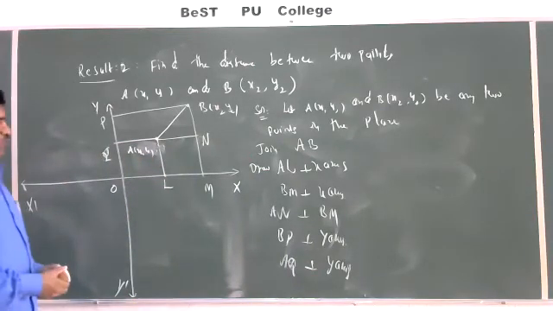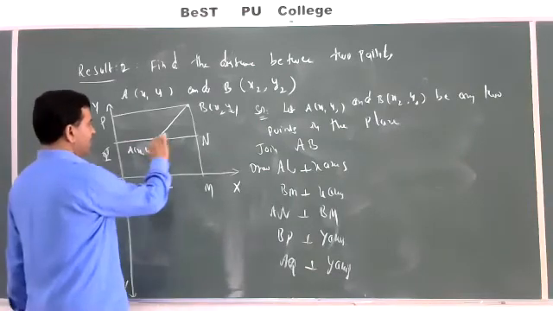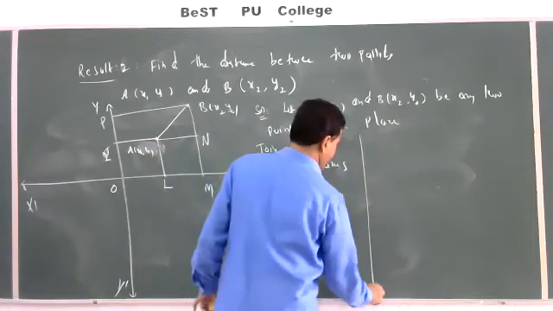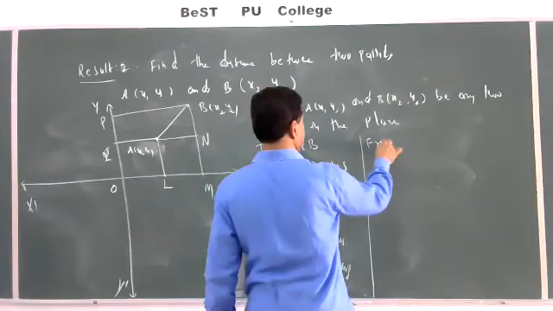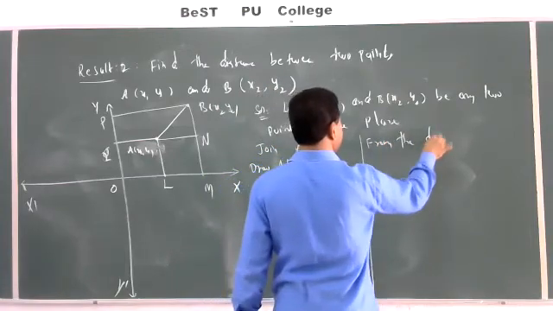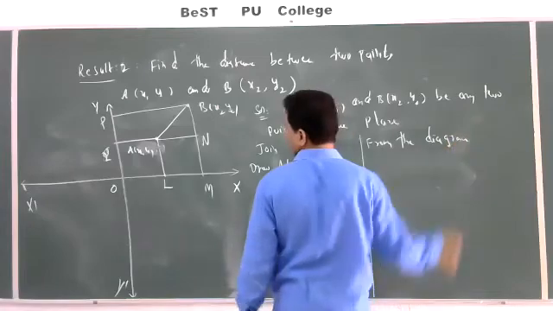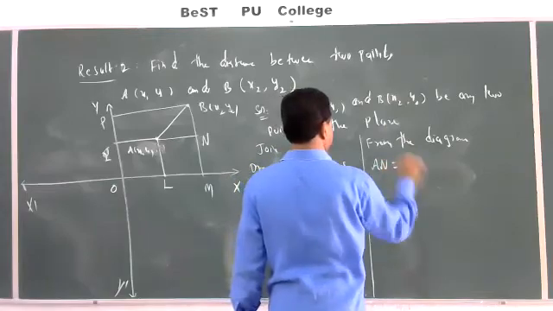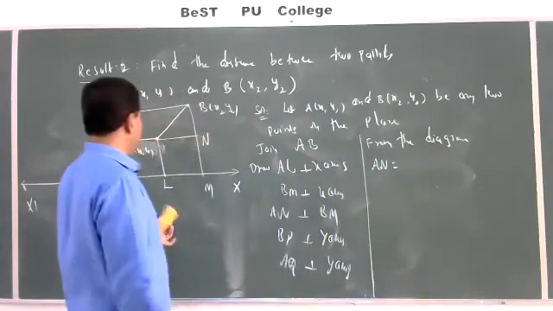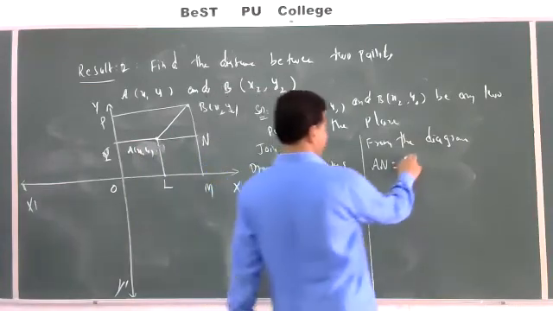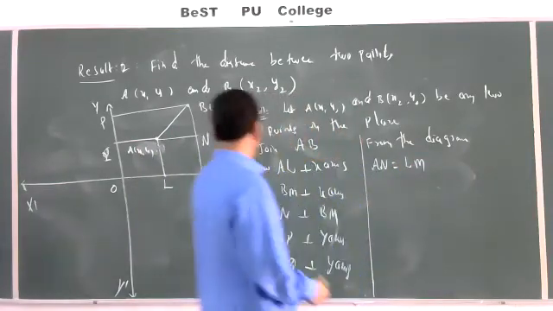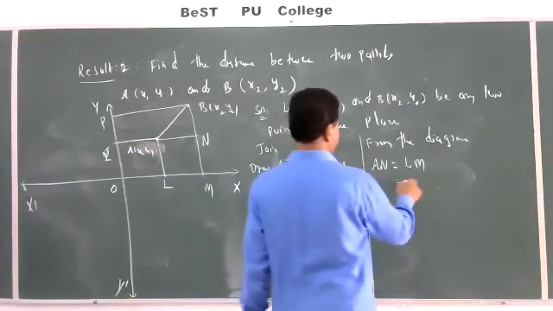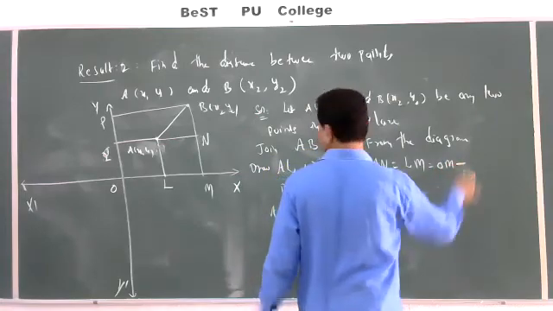Now coming to these 2 points. First we'll find the AN. AN is equal to, from the diagram, LM. So LM is equal to OM minus OL.